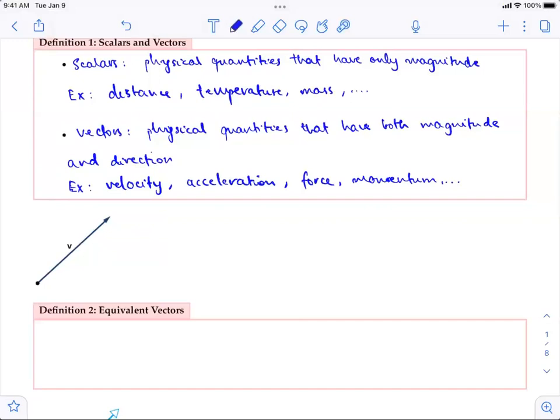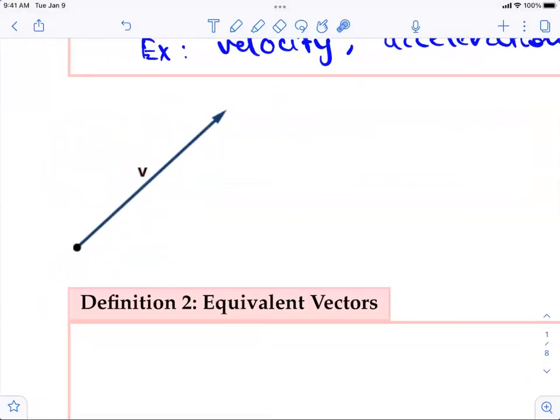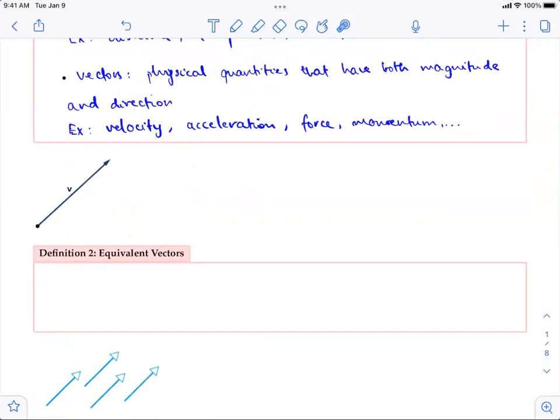If you zoom in here, it's just a bold letter. But when you actually write on a piece of paper, you cannot really write a bold letter, so we use an arrow on top of a letter to indicate vectors. In this case, we use vector v.